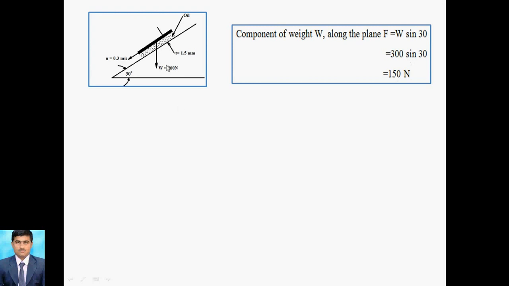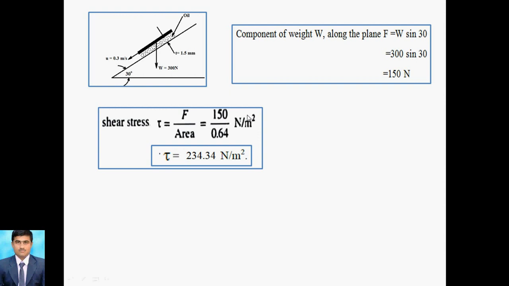Now tau is equal to force upon area. Force is already calculated, you can put 150, and the area is 0.8 into 0.8, that is 0.64 meter square, so the result in Newton per meter square is called shear stress.